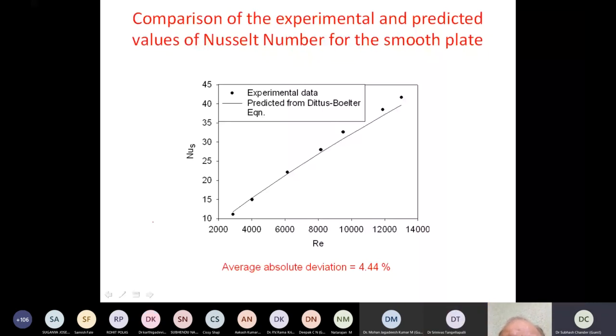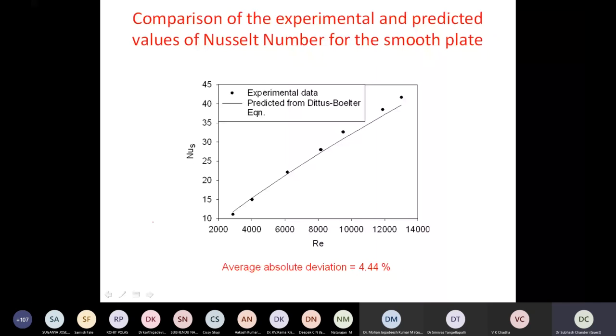It is always more correct to validate the experimental setup against standardized data available from some source. So we compared with the Dittus-Boelter equation for the duct flow, and we were able to get a good match of our experimental observations with that of the Dittus-Boelter equation, right?